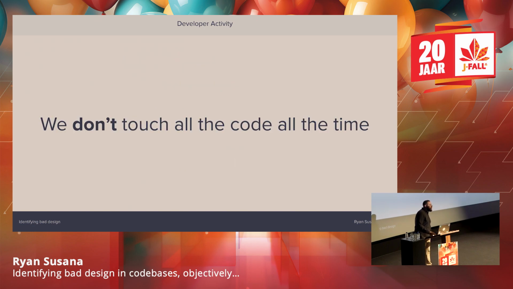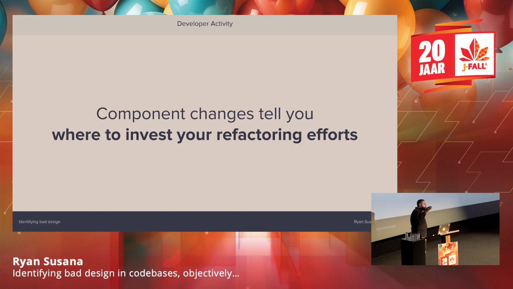Now, it turns out that we don't touch all the code all the time. I actually read this in a fascinating book by Adam Thornhill called Your Code as a Crime Scene. Very great book. Give it a read. By observing the amount of component changes, you can find where to invest your refactoring efforts. What you find by looking at component changes a lot of the time is the code that changes frequently.